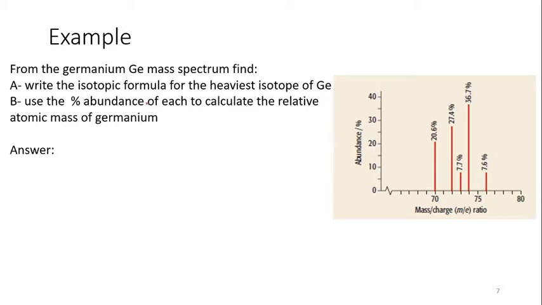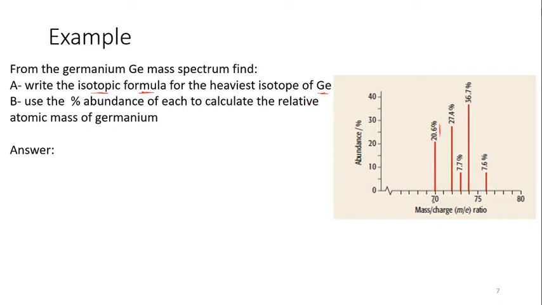Now moving to another example. From the germanium mass spectrum, we find that this spectrum shows 5 peaks. Each one of them has a certain percentage, like we did before. Write the isotope formula for the heaviest isotope of germanium. So I need the isotope formula for the heaviest only.